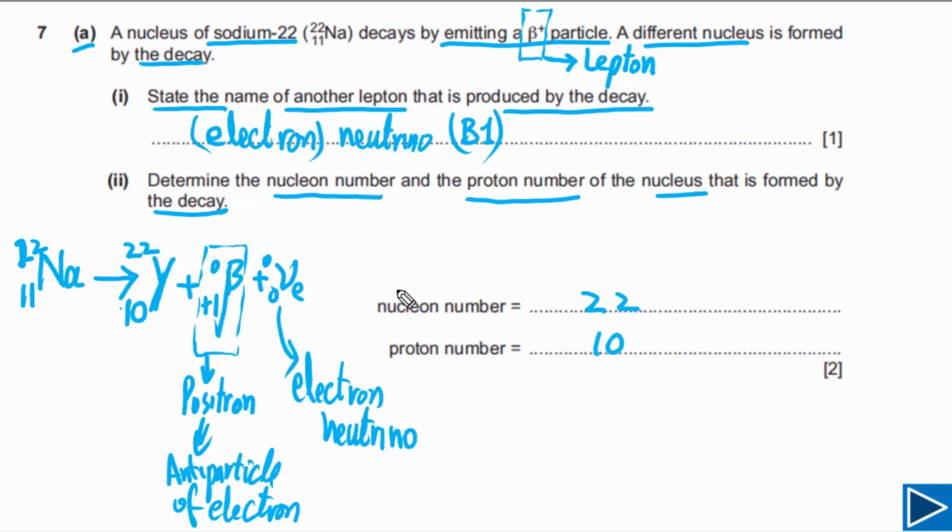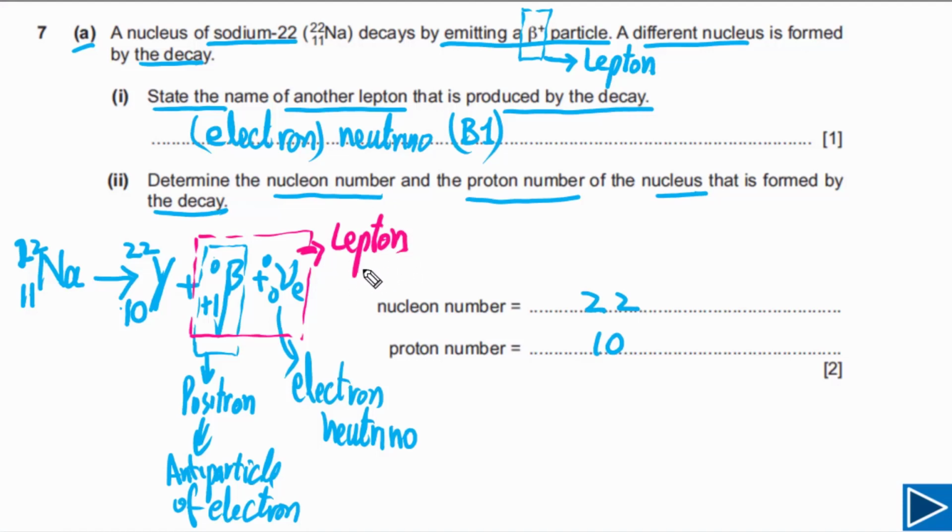Also, if you look at this beta plus decay, there is a very important point. These two particles belong to the lepton family, so you have to be clear about this one. These two particles belong to the lepton family, and they do not feel the strong nuclear force.